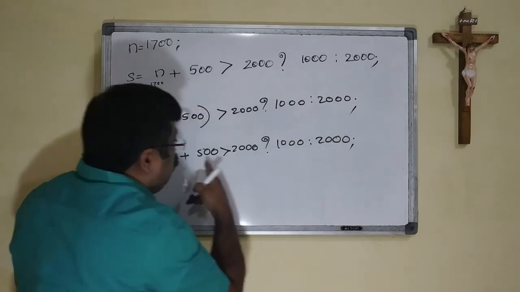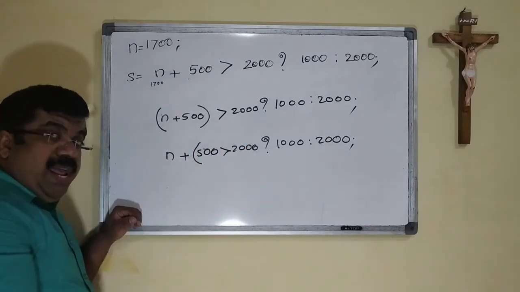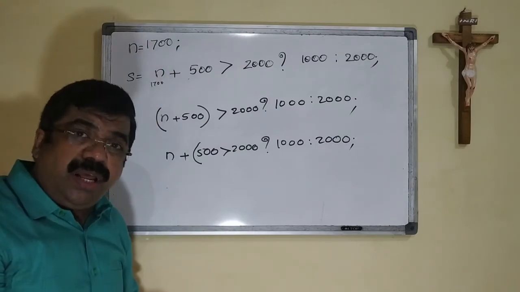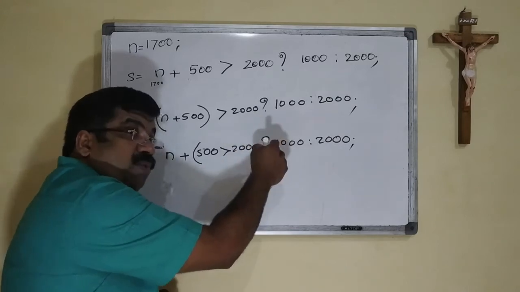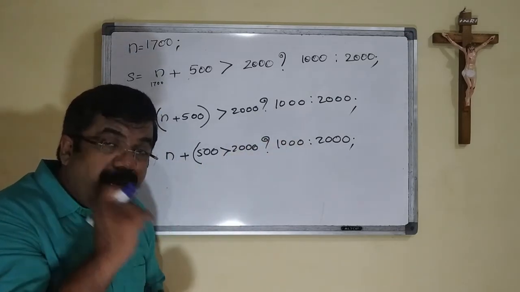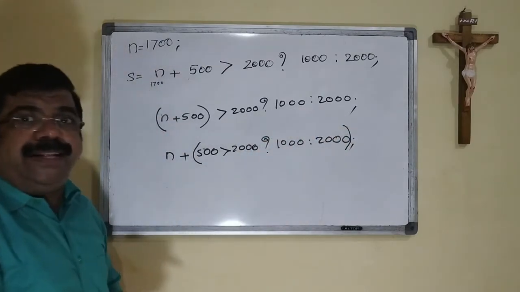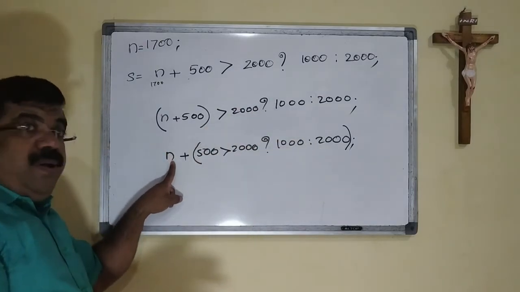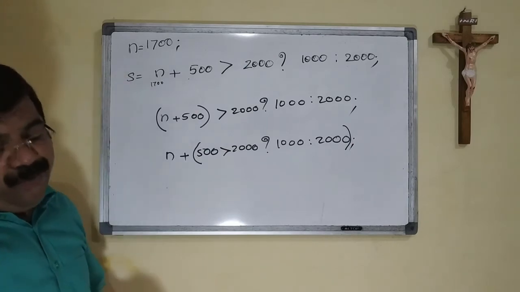If you want to evaluate in this way, 500 should be compared with the 2000, then you have to give the brackets first. Things should be given in the brackets. Then only that expression will be evaluated first, then the N will be added to get the final result.